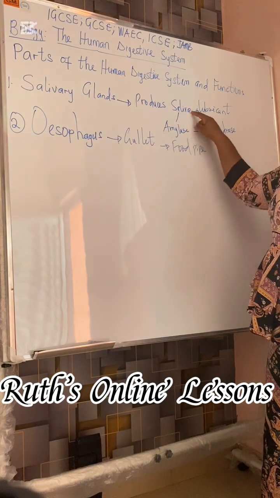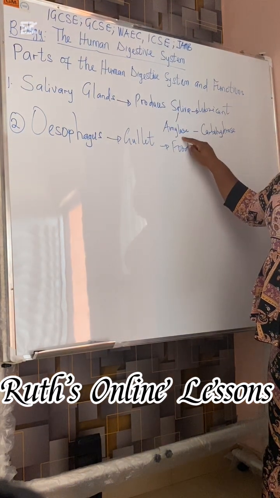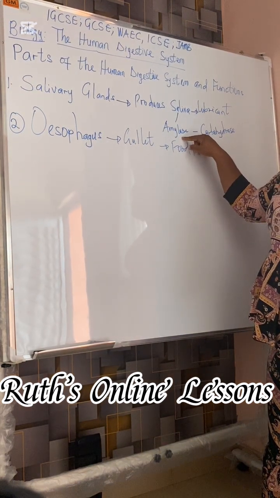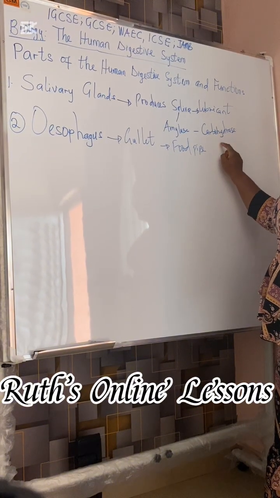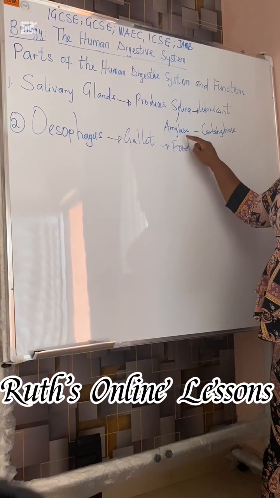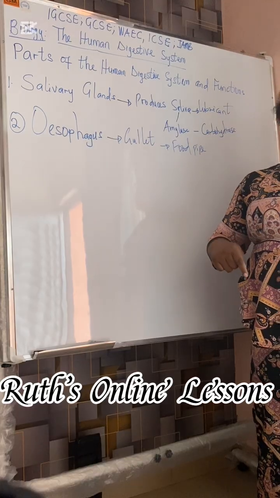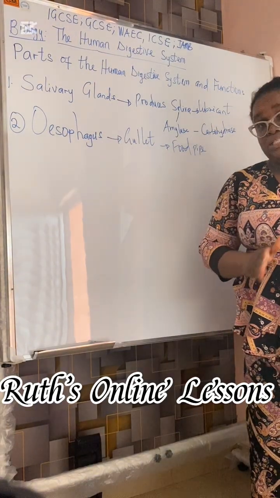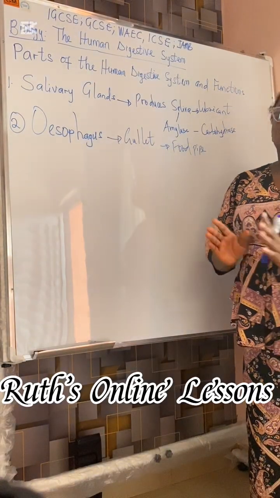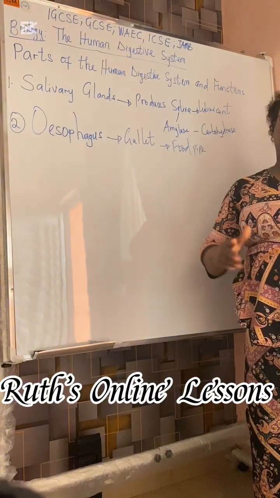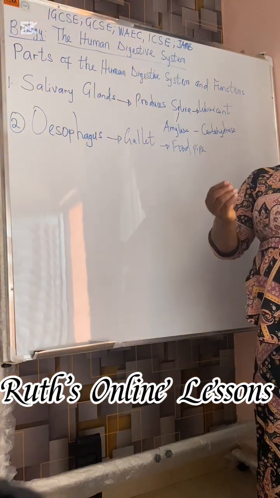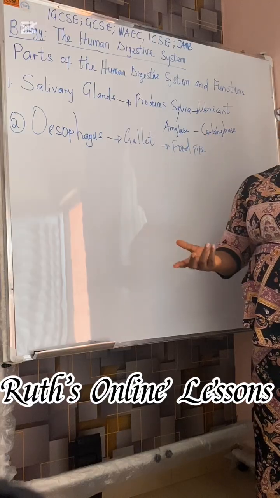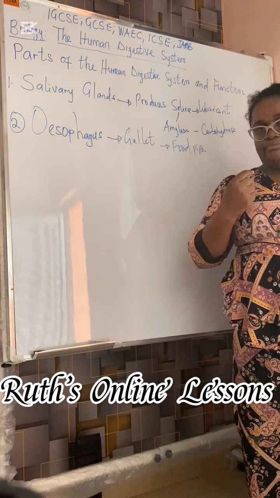Two, in saliva is the carbohydrate enzyme we call amylase. Amylase acts on carbohydrate, breaks starch, which is a complex carbohydrate, into simple carbohydrate like glucose. And the chemical digestion of these carbohydrates we eat starts in the mouth.